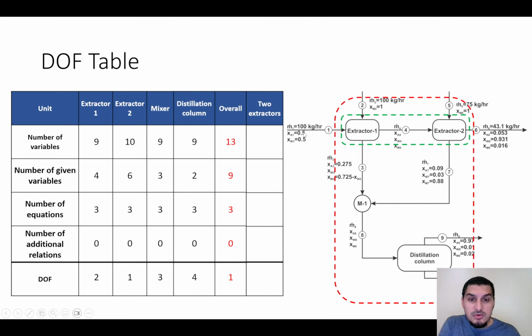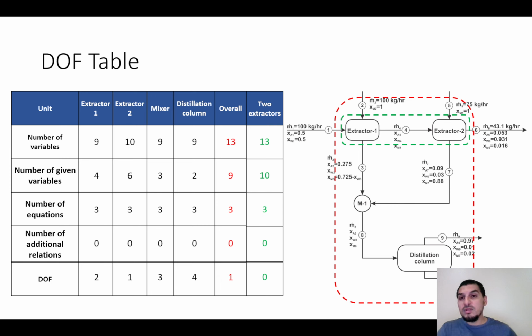Now let's count the number of variables. We have 1, 2, 3, 4, 5, 6, 7, 8, 9, 10, 11, 12, 13. So we have 13 variables, 10 given variables, 3 equations, and this makes the degrees of freedom equal to 0.